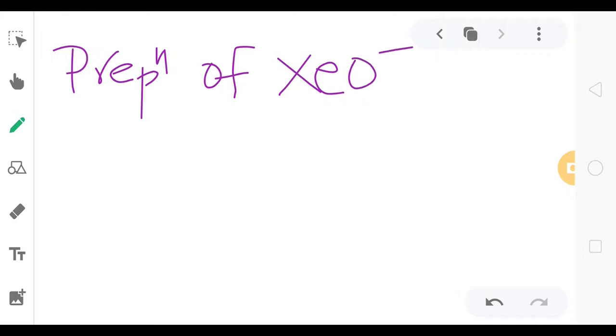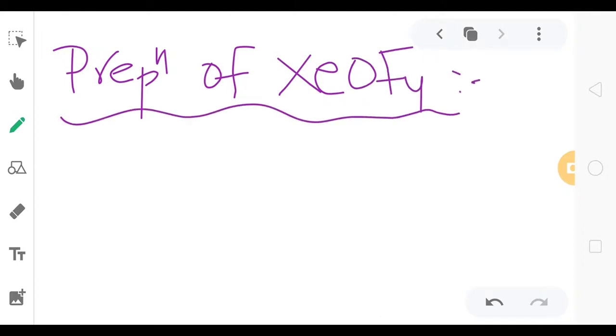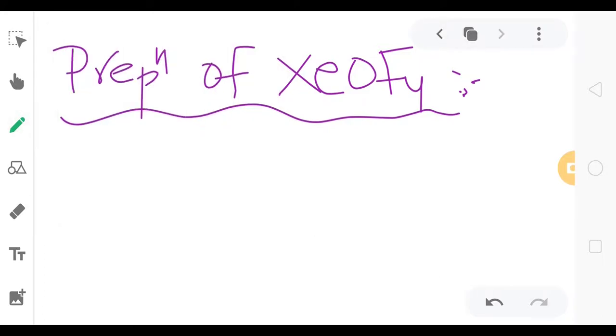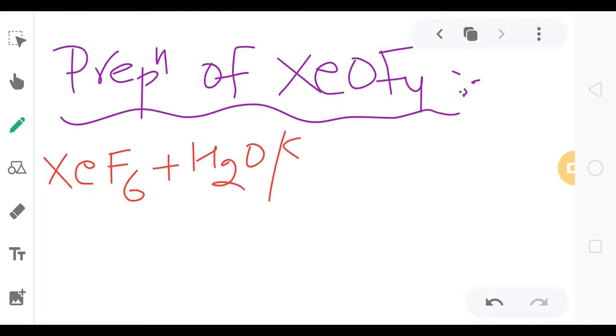Now one more important aspect, that is the preparation reaction of xenon OF4. This is also a very important reaction which is usually asked in various entrance examinations, right? So in this reaction what happens? Xenon hexafluoride undergoes hydrolysis in the presence of silica.